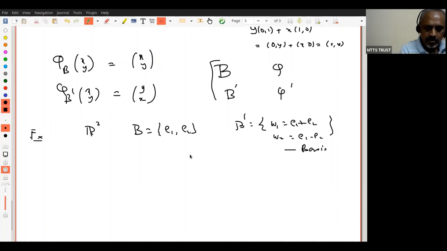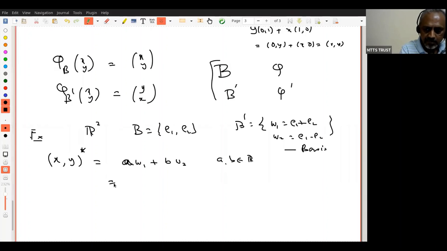If I give a vector (x, y), I will just write it as a row vector because it will take a lot of space, but if you want, you can put a transpose if you are uncomfortable. I want to write this as a times w1 plus b times w2, for a, b scalars.